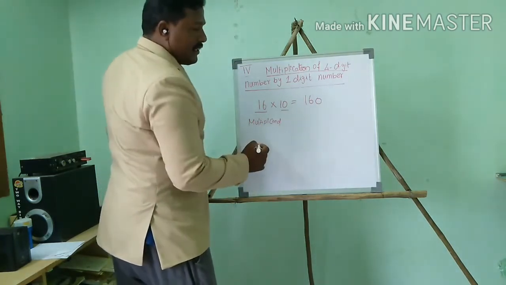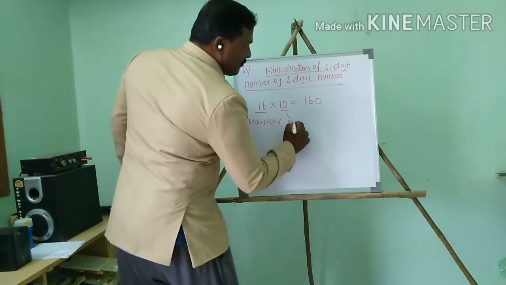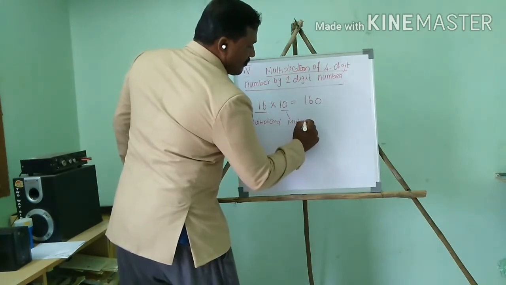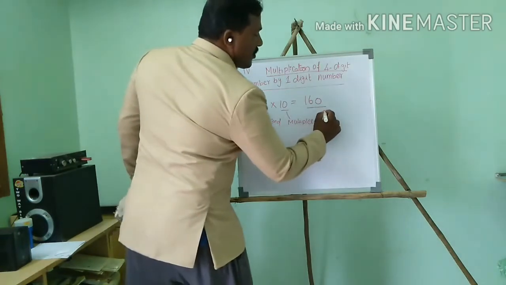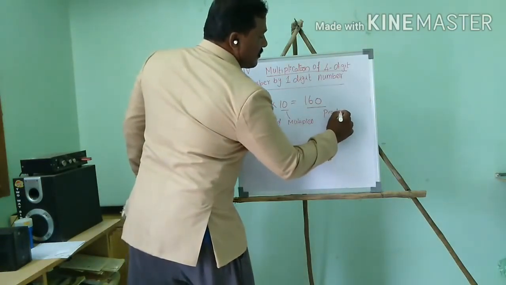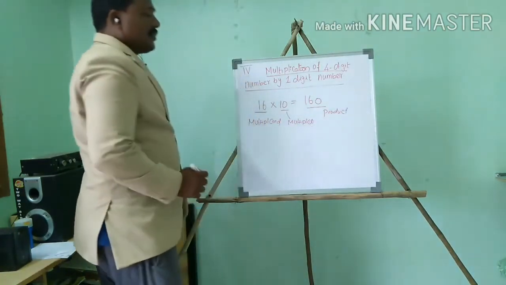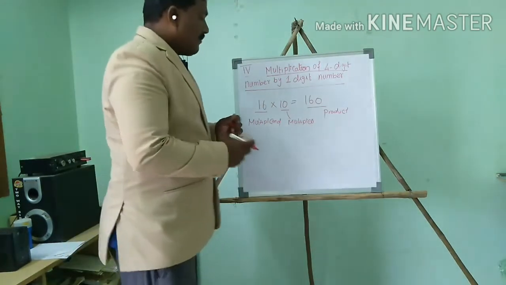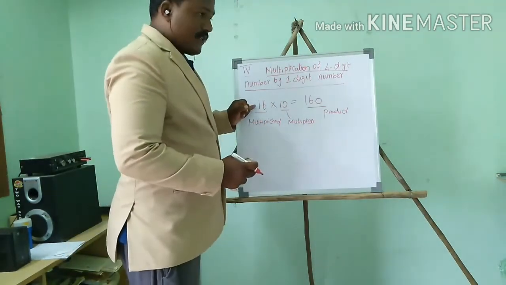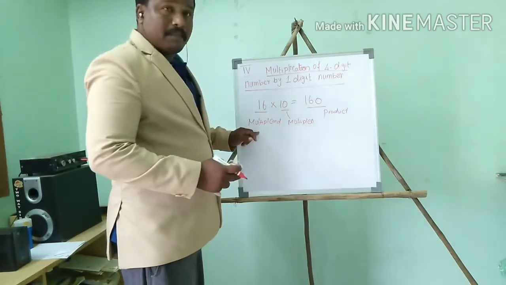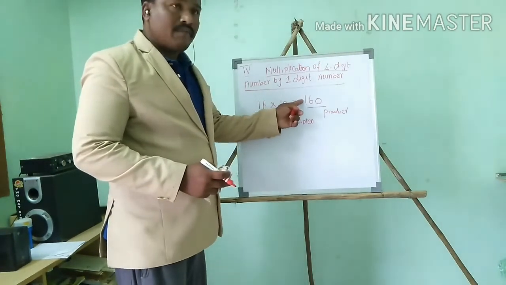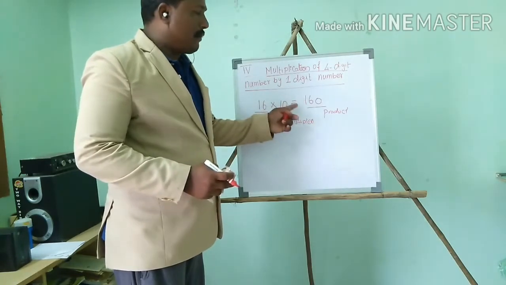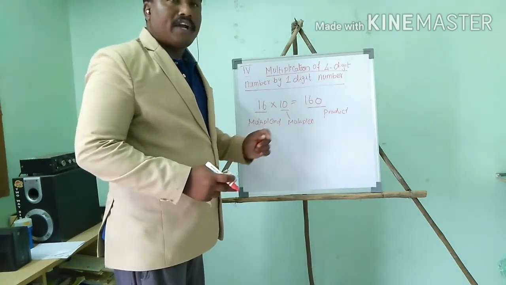Then 10 we call the multiplier. Then 160 we call the product. So you understand now? The first number is the multiplicand, then 10 is the multiplier, and the result of these 2 numbers we call the product.